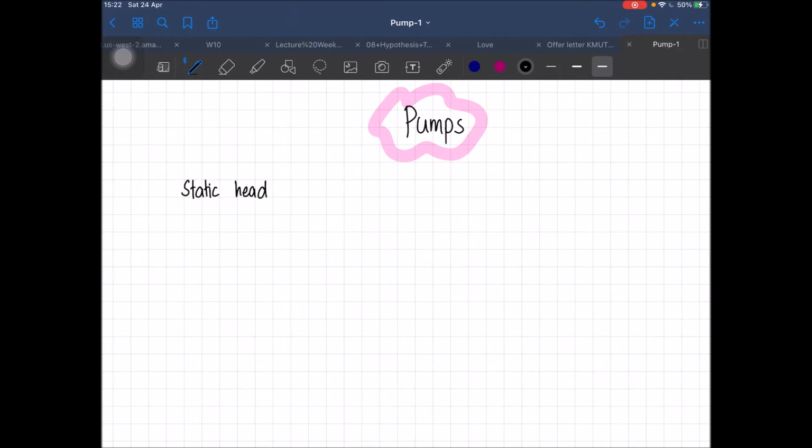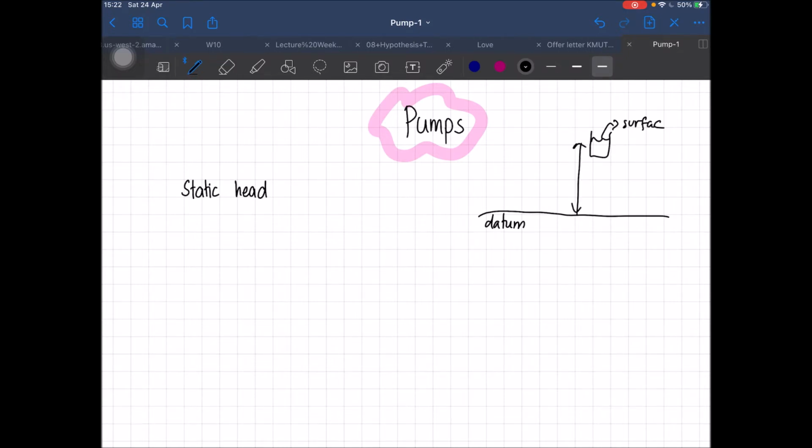Static head is the elevation of the free water surface compared to the reference datum. So this is the datum here, the reference line, and if there's water here, this is the surface. That compared to the datum is called the static head.